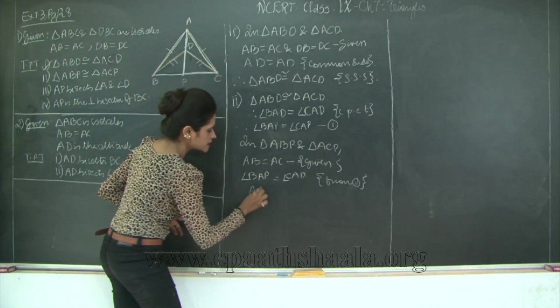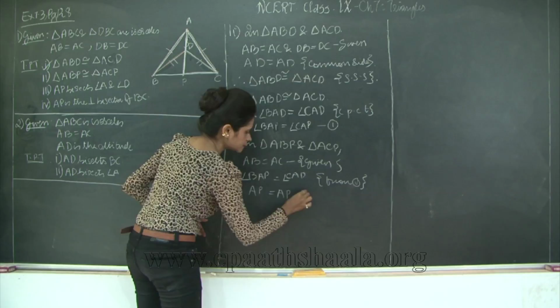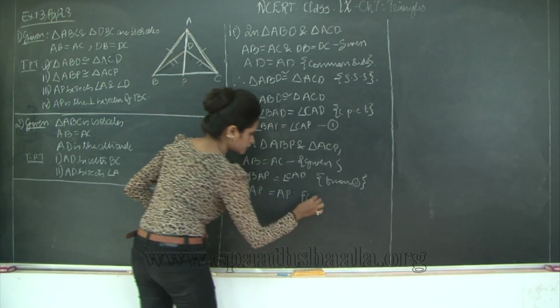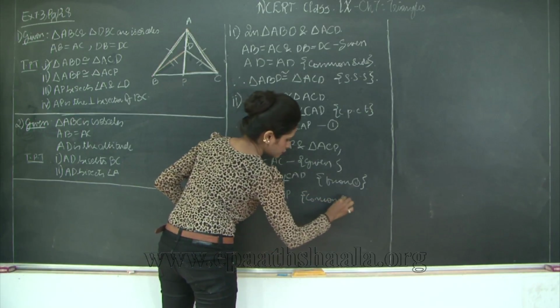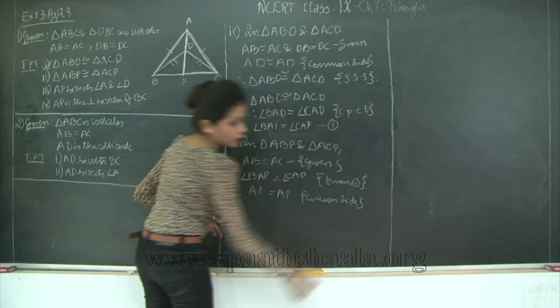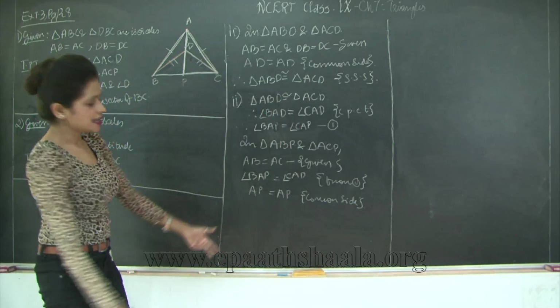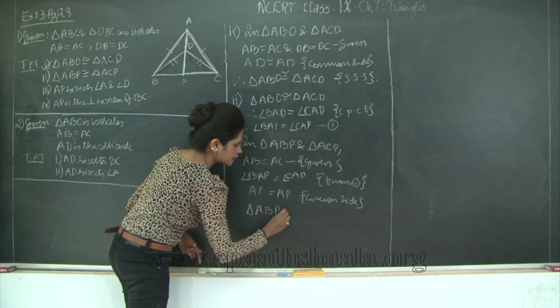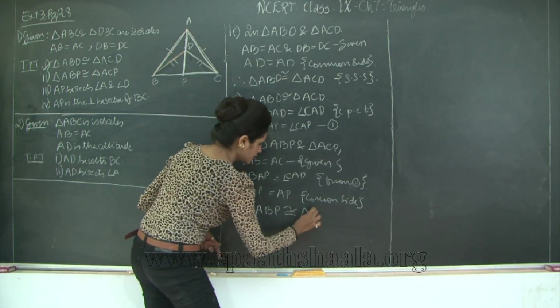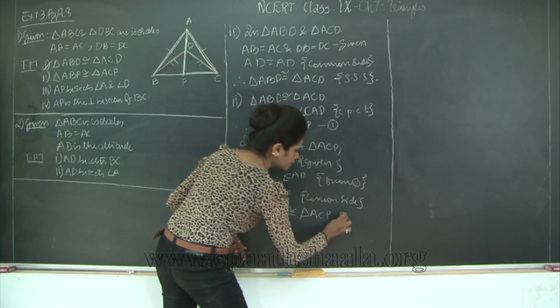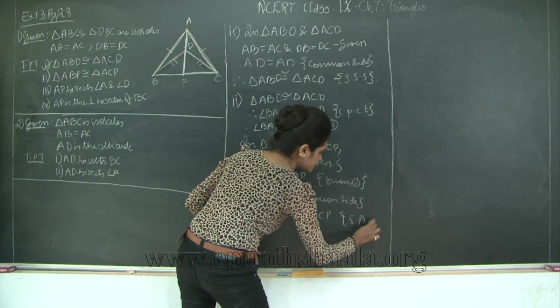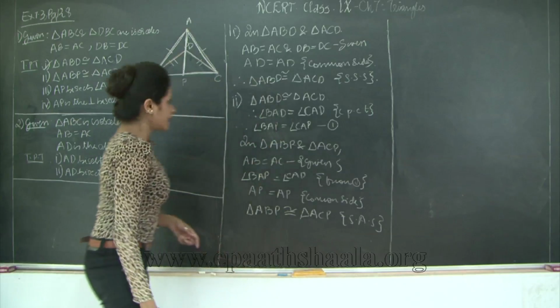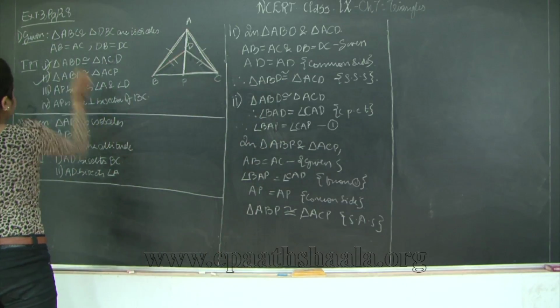Because it is the common side. Therefore, the two triangles are congruent by the side angle side test of congruence. Triangle ABP is congruent to triangle ACP by the SAS test. So my second part is proved.